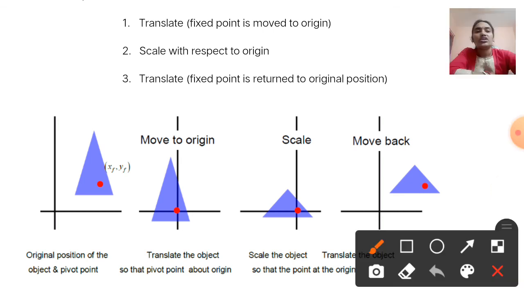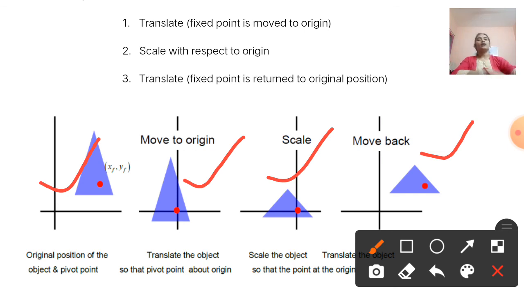Here this one is the original position of the object. In the next figure, it will move to the origin. After that, it will be scaled, meaning we will resize it, that means reduce the object. After reducing, we will move back to the original position.